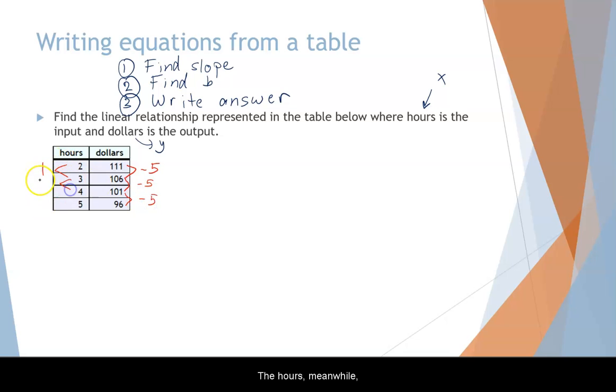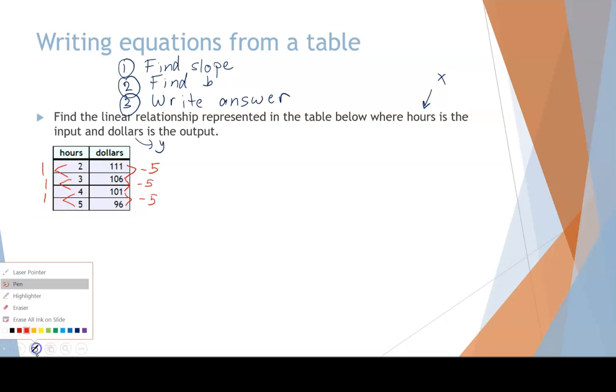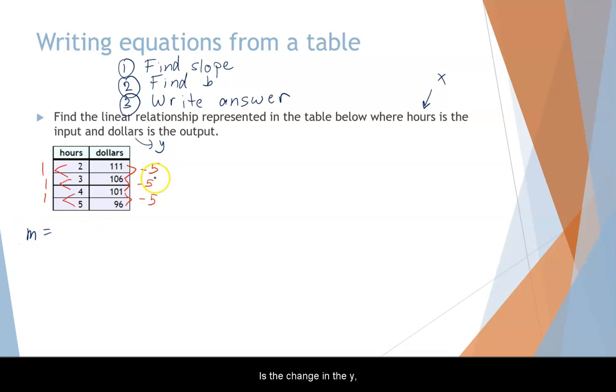The hours, meanwhile, are increasing by 1 each time. So our slope is the change in the y, which is -5, divided by the change in the x, which is 1. We're going to write that more simply as just m equals -5.